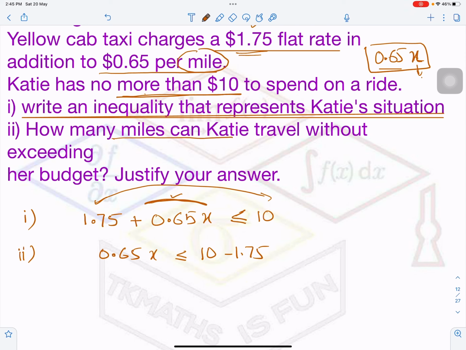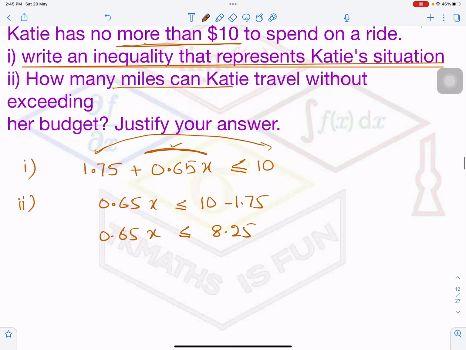By the way, if you are in a grade where a calculator is not allowed, definitely your teacher will give you values which can be solved without a calculator, right? Not the complicated one. This subtraction is easy. It's not that difficult. It depends what you have been made to practice. So after that, I will divide it by 0.65.